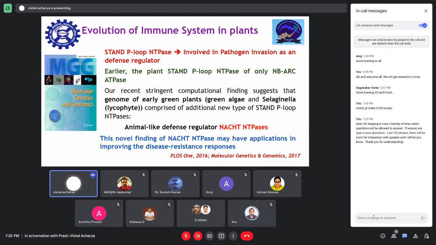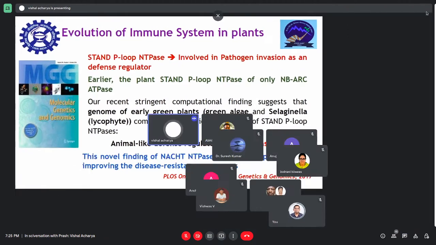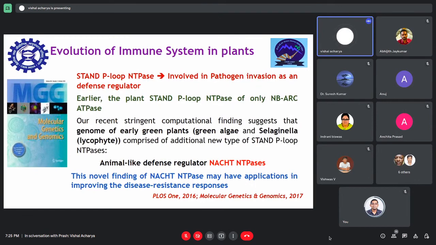Whatever was observed in animals, NLR NTPase, is important for the animal defense system. What we found is only in one plant, the corn plant. We observed why it is present in green algae and Selaginella, so we tried to understand the evolutionary history.